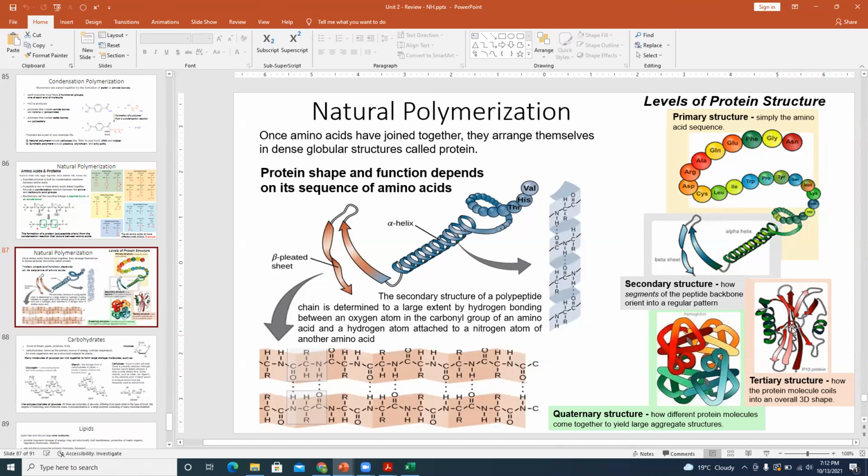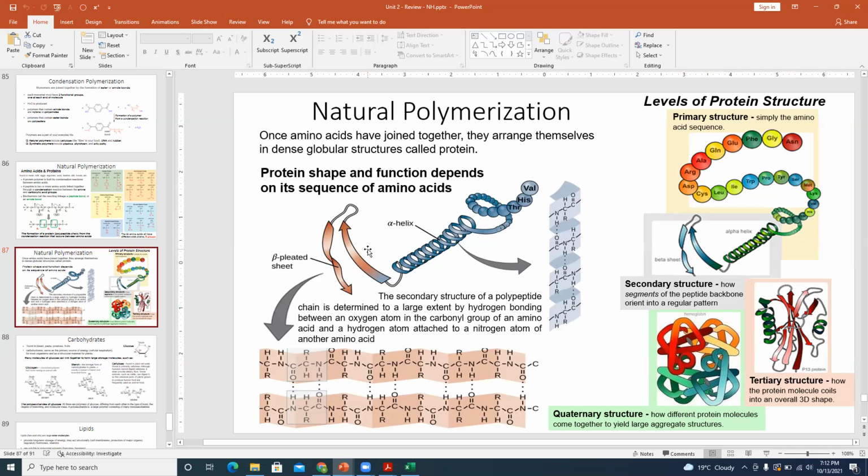And sometimes you have these, which are just a single unit. Some of these may then form, you have multiple of these subunits coming together to form a quaternary structure. It's how these different protein molecules come together to form a larger aggregate structure here.